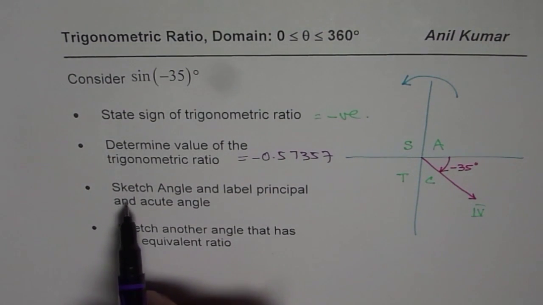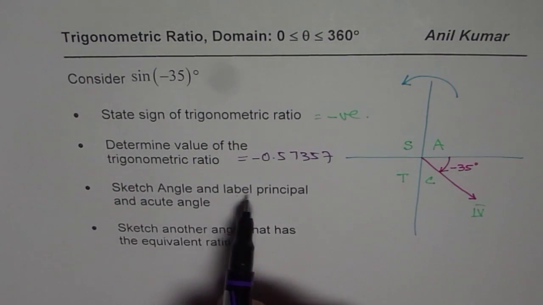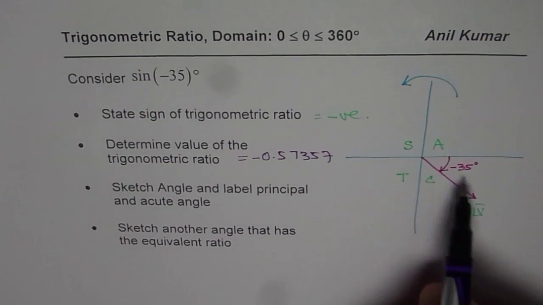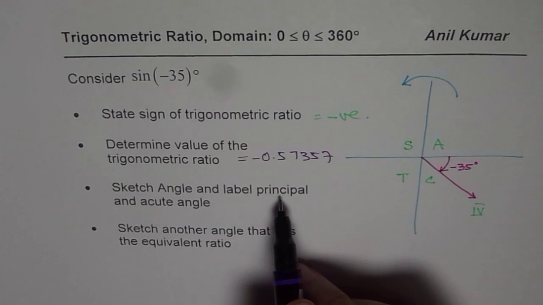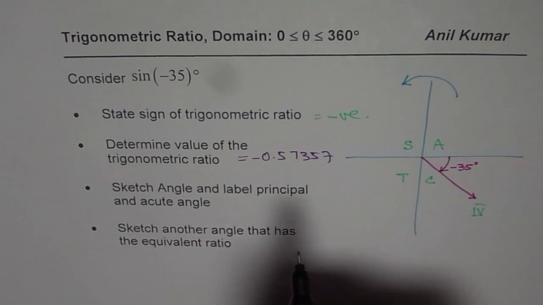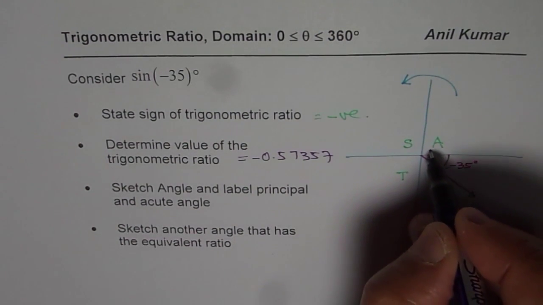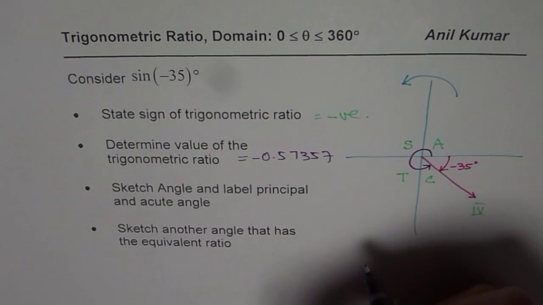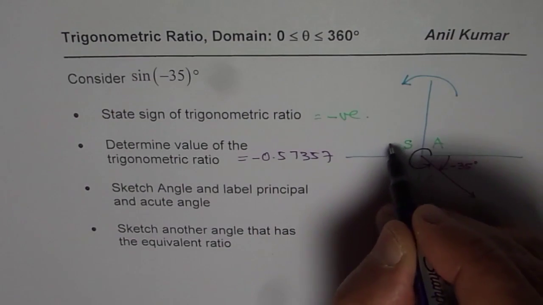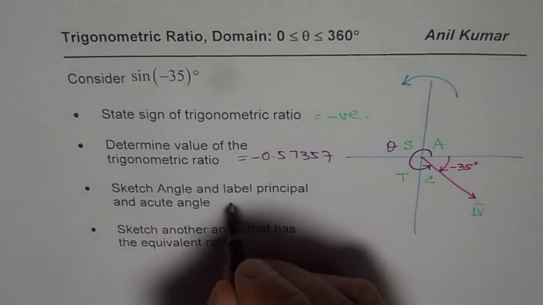Now the question is, sketch angle and label principal and acute angle. So we have already sketched the angle. Now if the angle is given like this, what is the principal angle and what is the acute angle? Principal angle is always measured counterclockwise from the positive x-axis. So that is the principal angle theta. How much is that equal to?